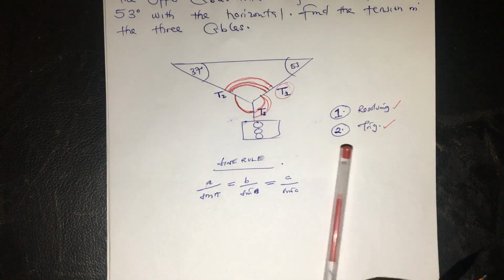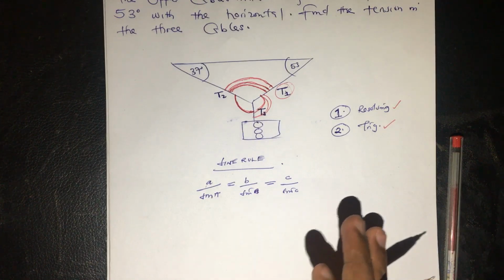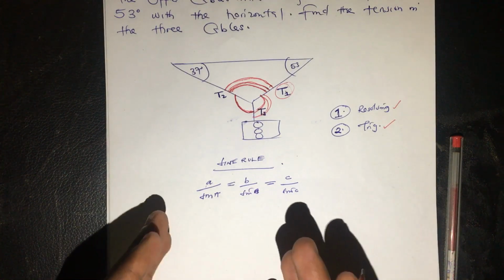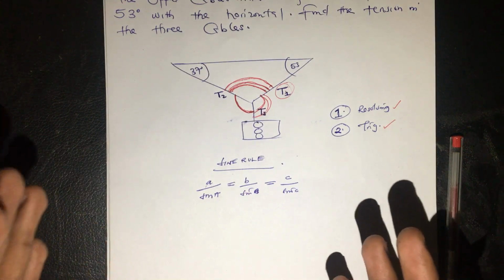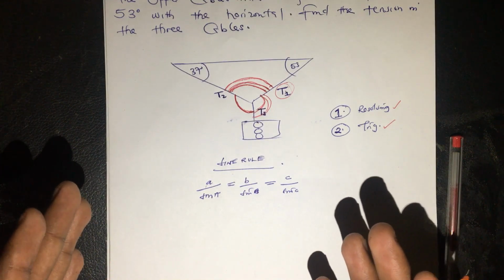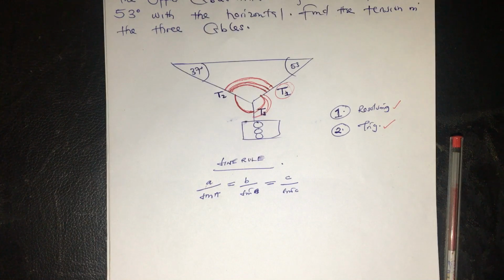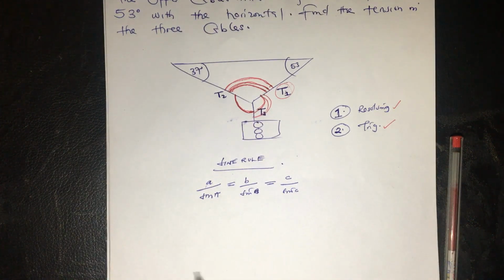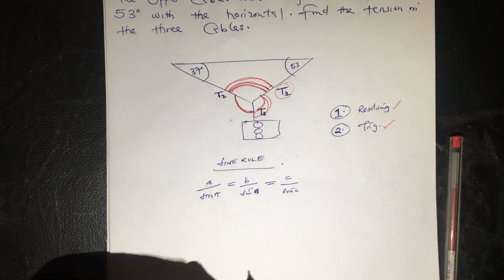Okay, so this traffic light is at equilibrium, meaning that it's balanced. The summation of forces both in x and y are equal to 0.